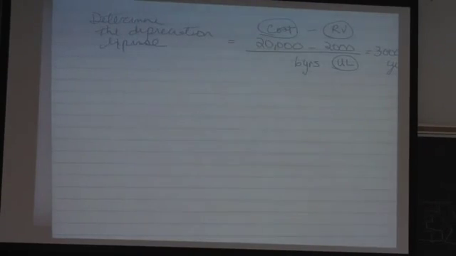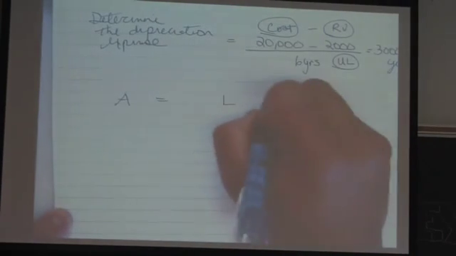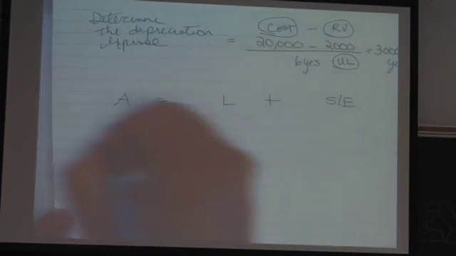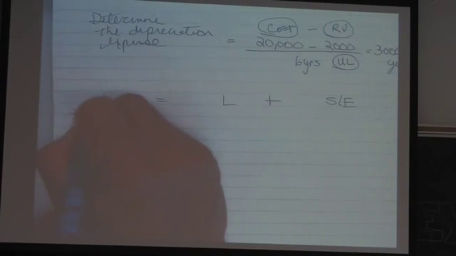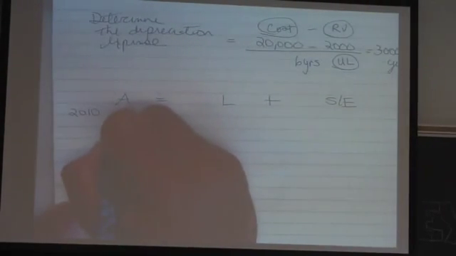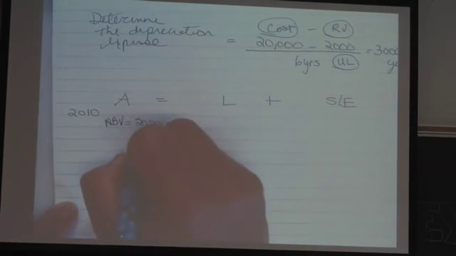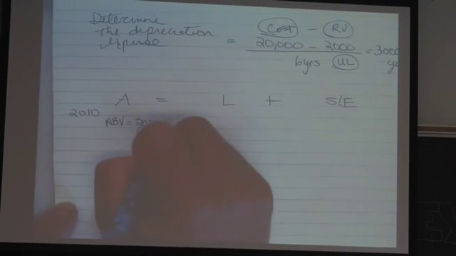So in 2010, if I was to do the equation A equals L plus SE, the asset would have been understated by net book value, which equals the cost of 20 minus the amortization of 3.